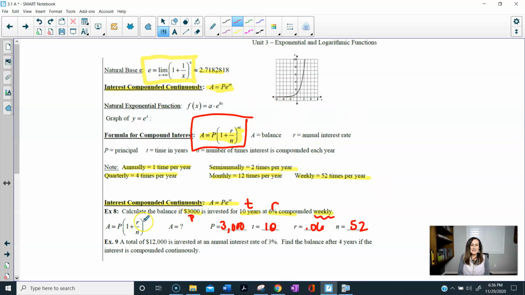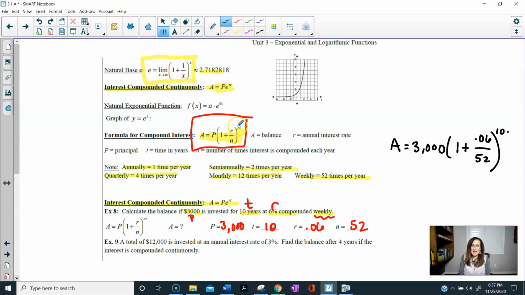So looking at example number 8, A is equal to 3,000 times 1 plus 0.06 divided by 52, raised to the 10 times 52.